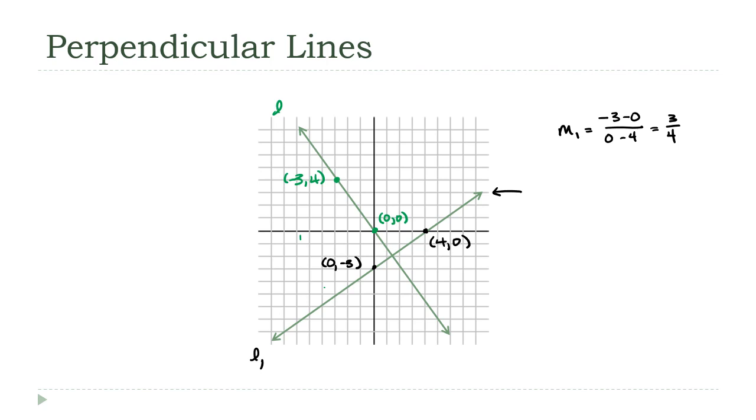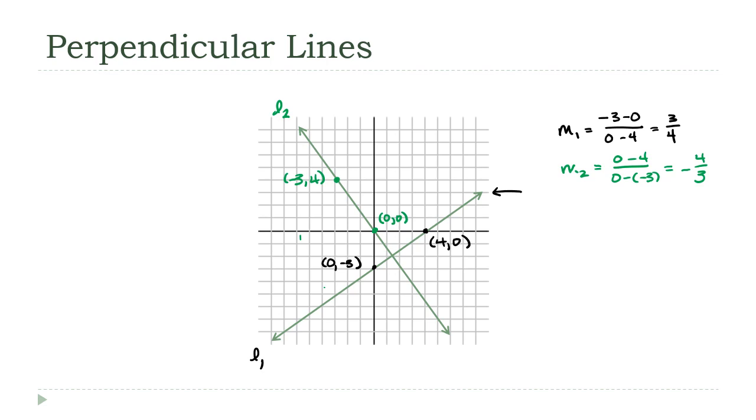And again, let's give this a name. We'll call this line 2. So slope 2 is 0 minus 4 over 0 minus 3. So that will be -4/3.